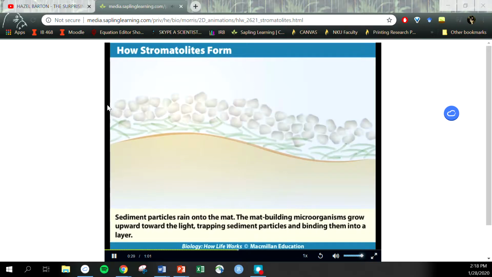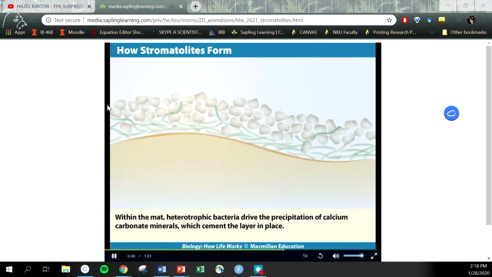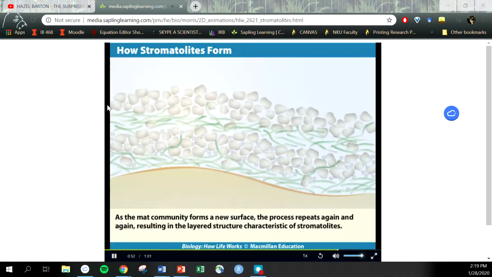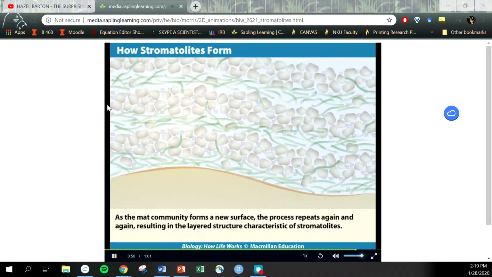Sediment particles rain onto the mat-building microorganisms grow upward toward the light, trapping sediment particles and binding them into a layer. Within the mat, heterotrophic bacteria drive the precipitation of calcium carbonate minerals, which cement the layer in place. As the mat community forms a new surface, the process repeats again and again, resulting in the layered structure characteristic of stromatolites.